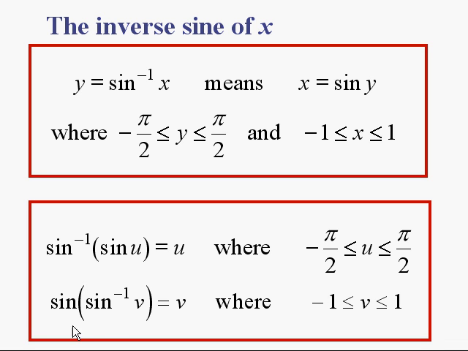Or the other way around, sine of sine inverse of v is v, where the number v that comes out is an acceptable value for sine of an angle. It has to be a number between -1 and 1.